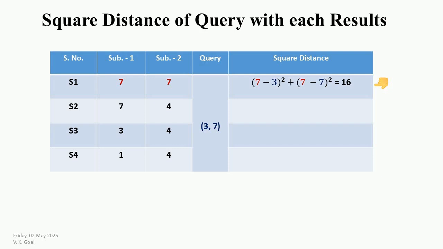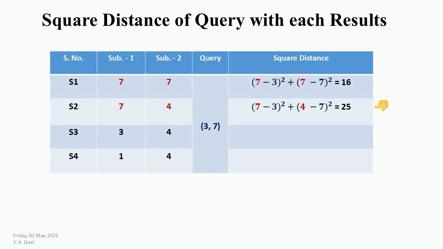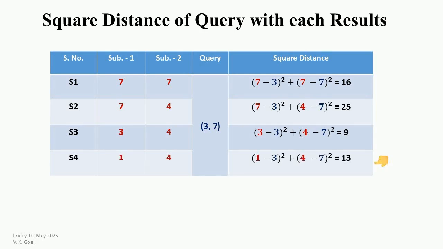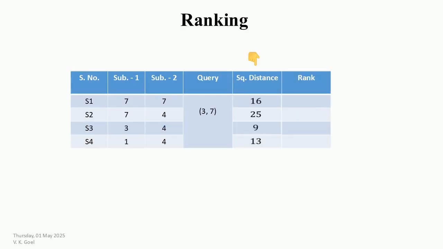The formula is self-explanatory here. Similarly, the square distance between the query and the data set point S2 is computed here. Same way, the square distance between the query and data set point S3. And finally, the square distance between the query and data set point S4 is computed here. Now, all the square distances are compiled in the given table.